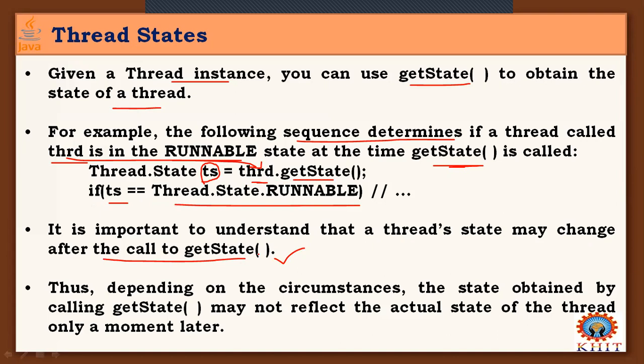Because the time delay you can't measure, we can't see how much time it's spending on runnable and how much in the blocked state. That is completely based on the resource allocation and release, and the process entirely depends on the configuration of the system, right? And depending on the circumstances, the state obtained by calling getState may not reflect the actual state of the thread, only a moment later.